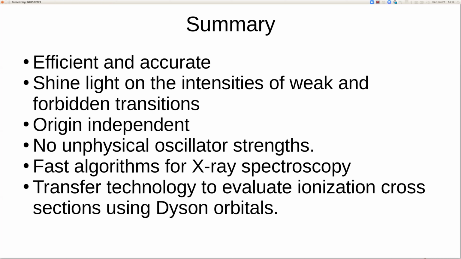There's no reason to be worried that you will get unphysical results. And we also showed that in cases where you do X-ray spectroscopy, you don't need to do all those integrals over and over again. And this is a technology now that we would like to transfer over to ionization cross sections using dipole or Dyson orbitals. So with that, I would like to conclude.